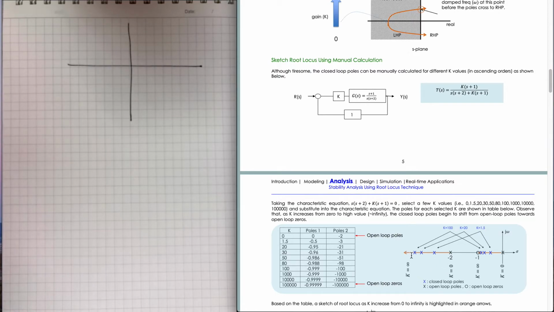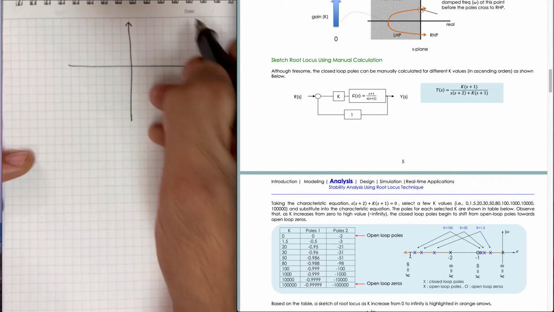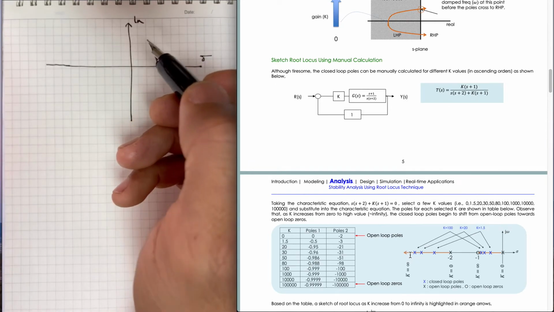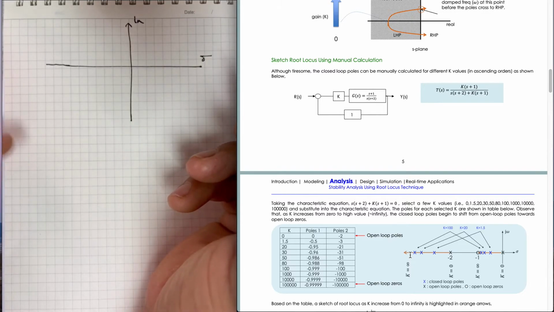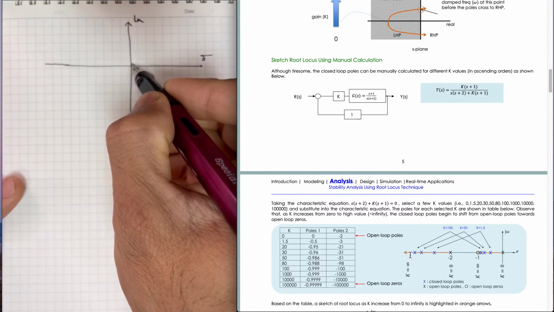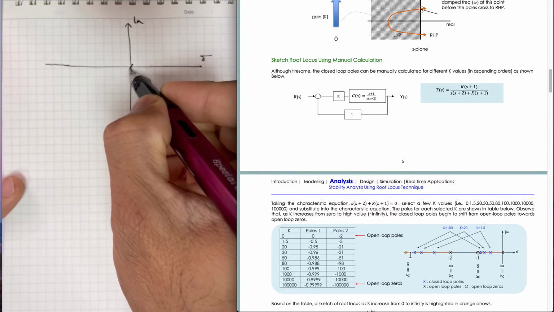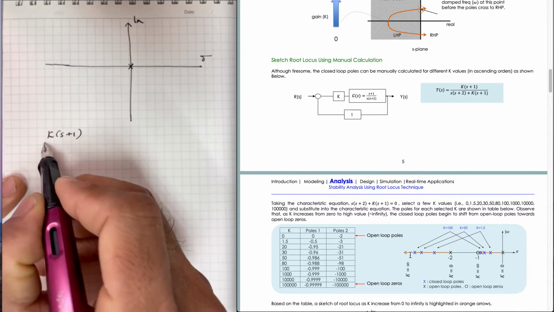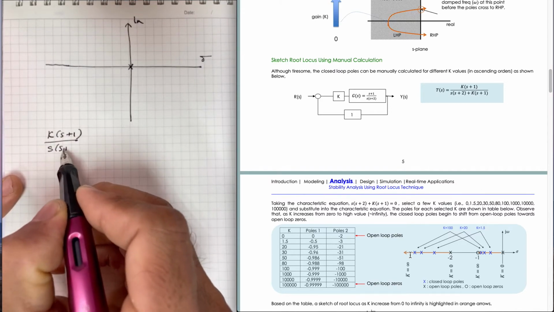As K increases, the first thing we need to plot is the open loop poles and open loop zero. The open loop is K(s plus 1) over s(s plus 2).